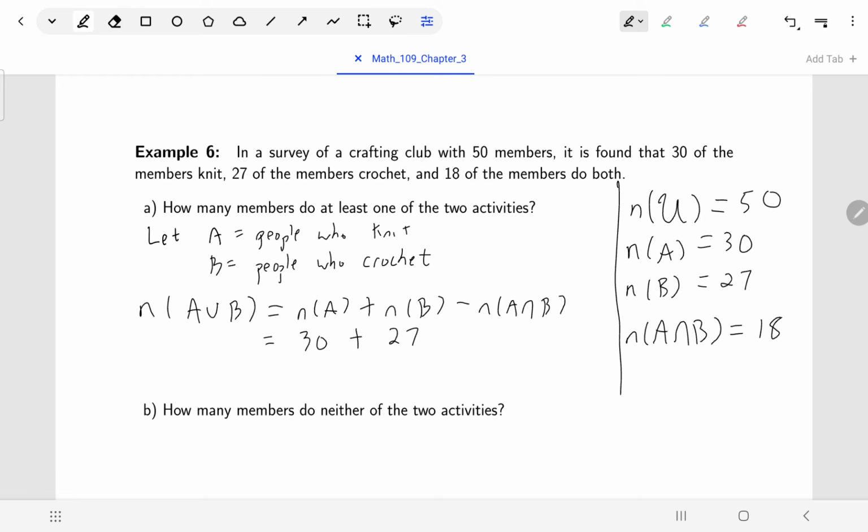I've counted the people who do both activities twice now, so to account for that, I need to balance that out by subtracting. So 30 plus 27 minus 18 is the number of people doing at least one of the two activities. That means knitting or crocheting or doing both. So 39 people in total.